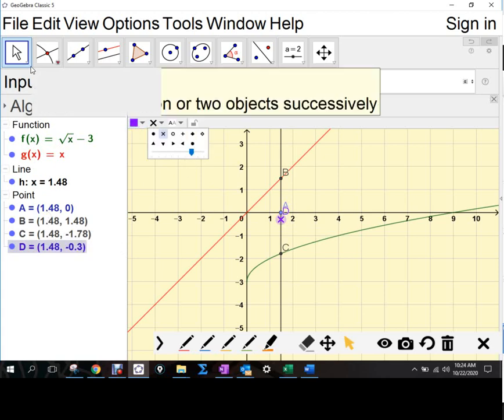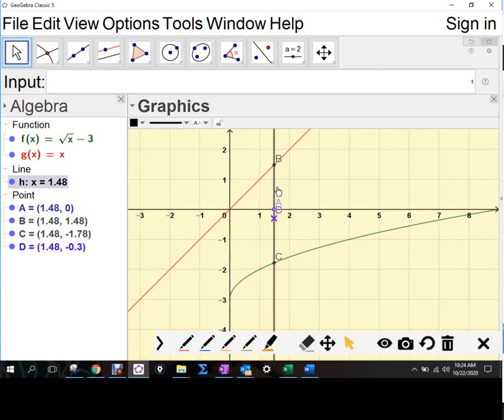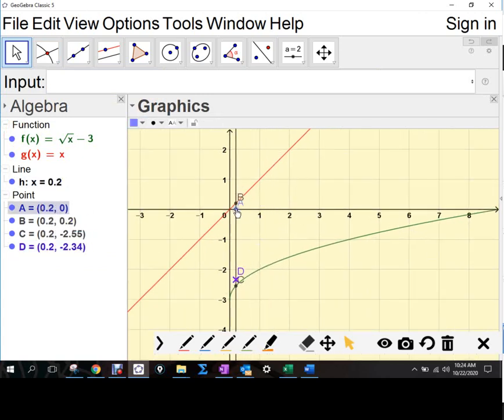So as I move this point A around, or move this line around here, you see how that point D moves, right? And that point D is the sum of the red line's y value and the green curve's y value at those values of x that A is passing through.